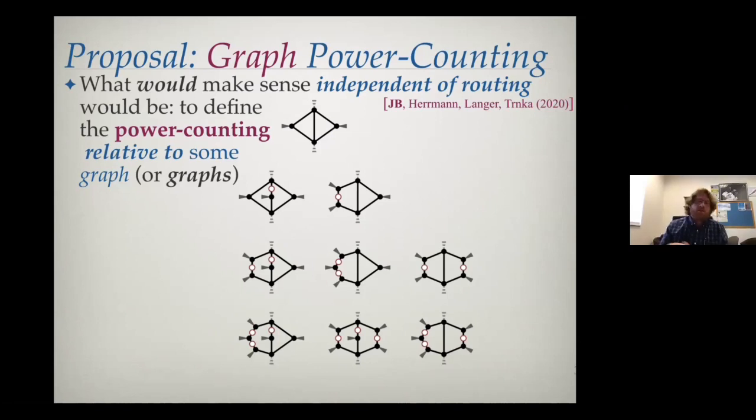But it turns out to be equally easy and probably pretty useful, if not important, to talk not about a basis that scales like a given graph. So instead of, say, 3-gon power counting, you could say this graph power counting. It turns out to be much more useful for quantum field theories to talk about power counting that scales like one of a given set of graphs at infinity.